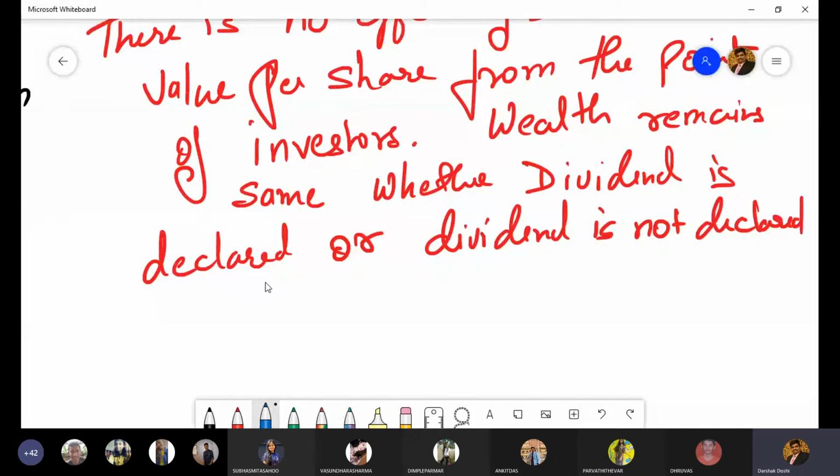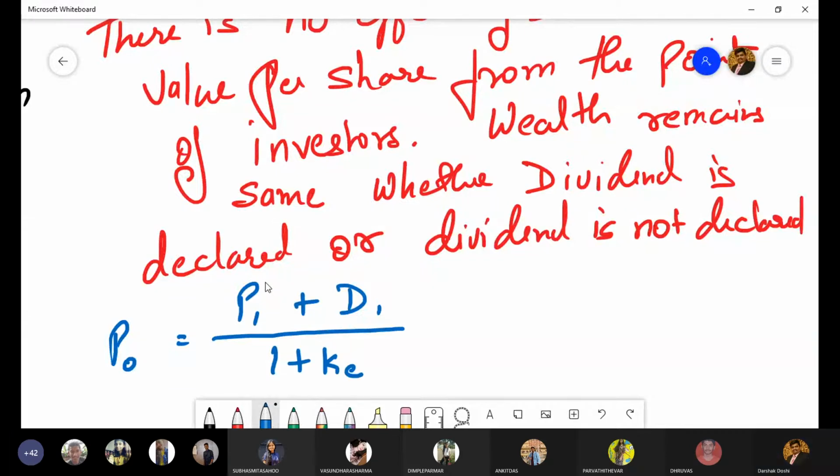P0, that is value per share, equals P1, the market price per share at the end of the period, plus D1, the dividend per share at the end of the period, divided by 1 plus Ke.